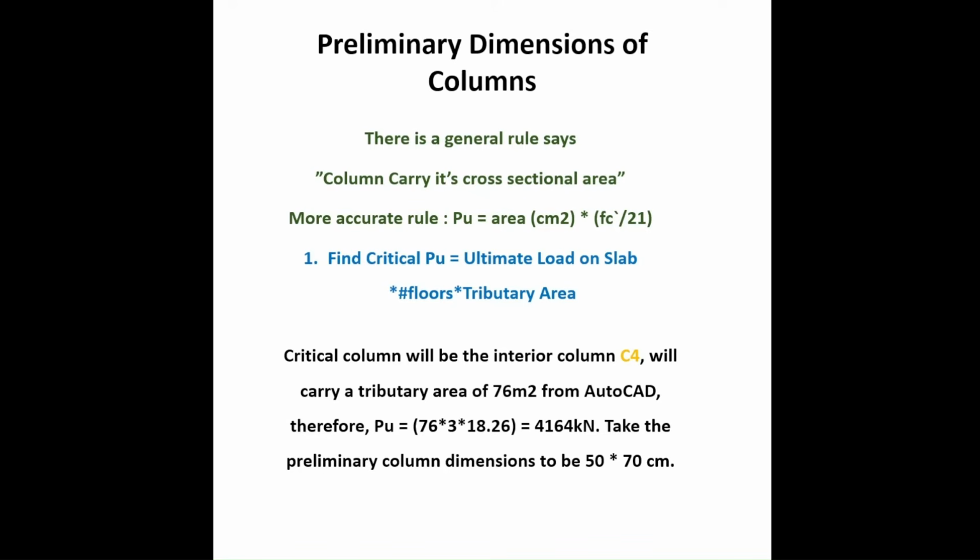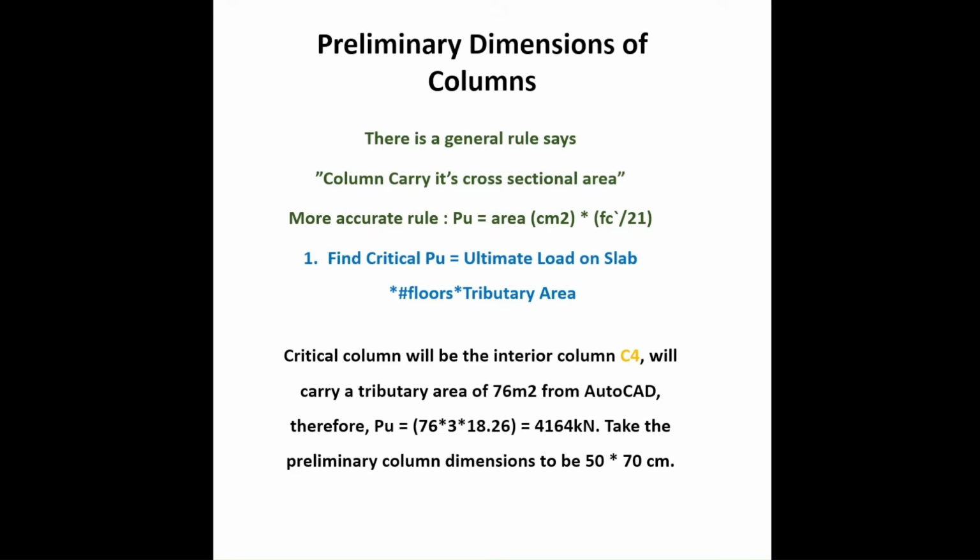So find the critical P ultimate in this column by finding the maximum tributary area by the ultimate load in the slab, which we have calculated in the previous lessons, which is 18.26 kilonewton over meter square. The second thing is to multiply this value by the number of floors. So the bottom column will carry all the floors above it.